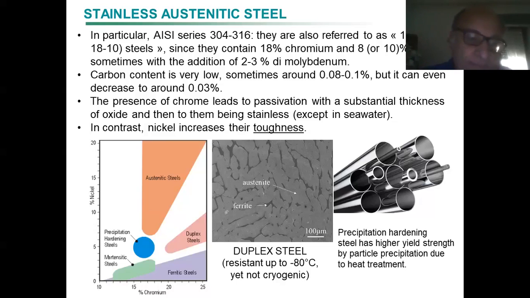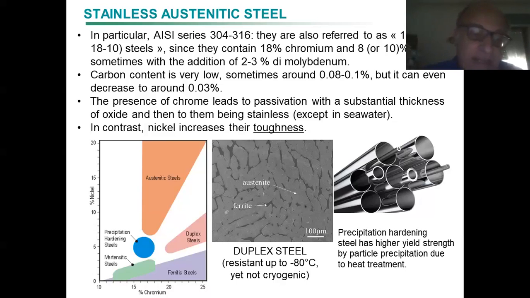So this graph is about nickel and chromium, but in an iron context. So the bulk is iron. We don't consider the other elements, and this is a simplification which is a bit debatable, but for initial purposes, it's fine.